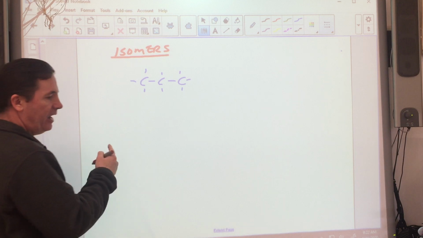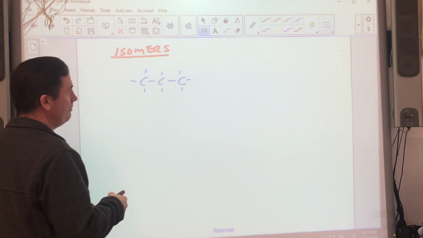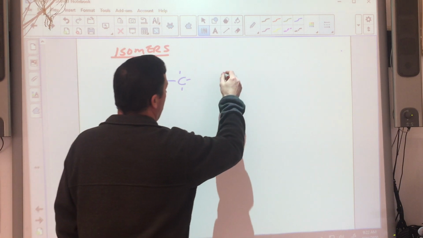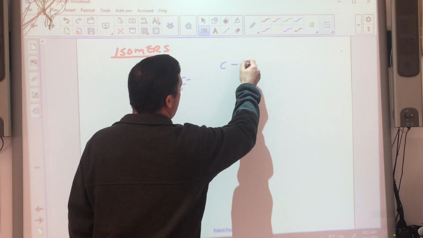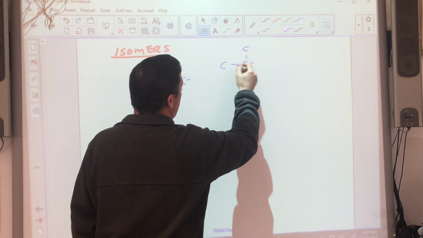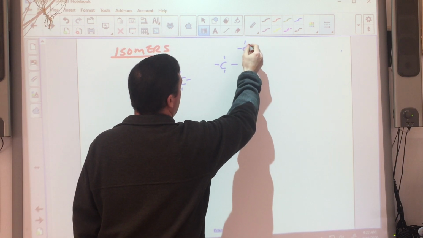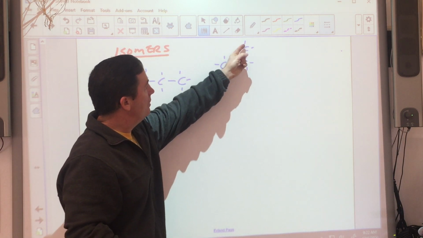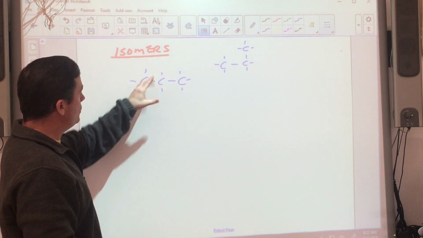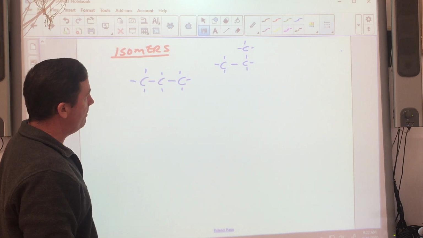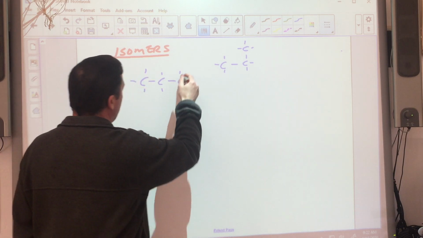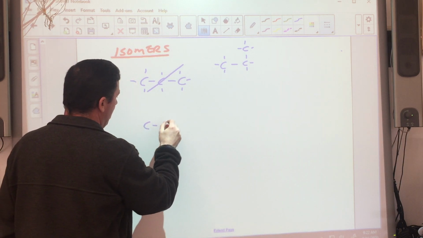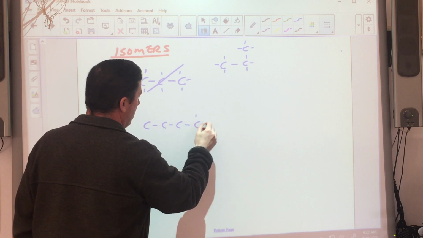Now, if I have propane, I can't make an isomer out of it. I could draw it so it kind of looks different, but in actuality, my longest chain is still 3. No matter which way I twist this, it's always going to be the same. So I can't really make an isomer out of this. It has to be at least 4 carbons long.